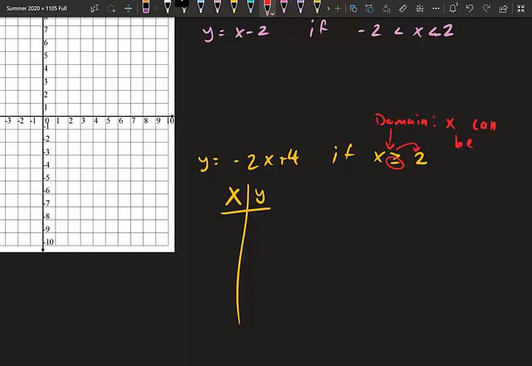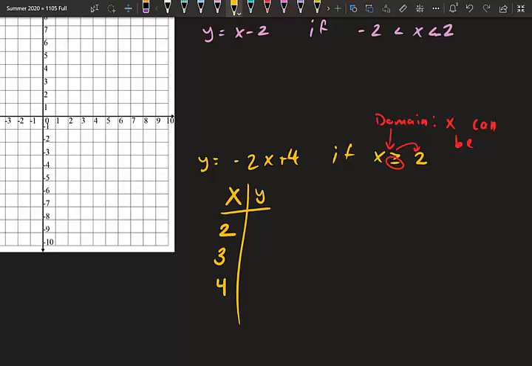You always, always, always pick the number they give you no matter what. So they give us a 2, I'm going to use it. Now, you usually want 2 to 3 points, so I want another number greater than 2. 3. It's a line. You can keep going, so let's do one more point just for fun. What's another number greater than 2? 4. Awesome.